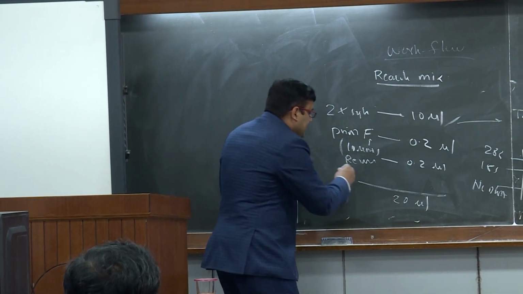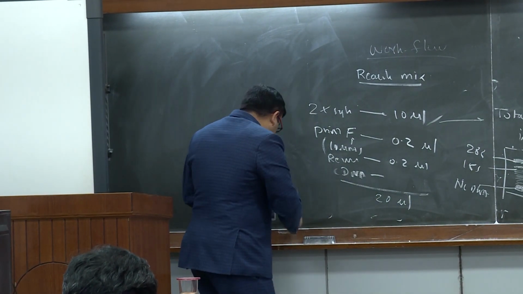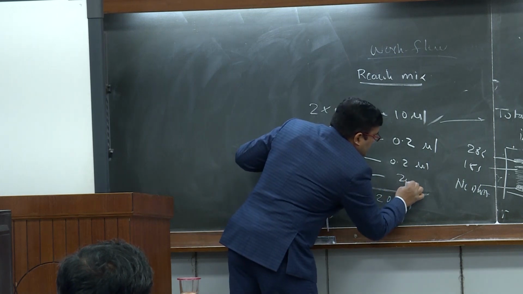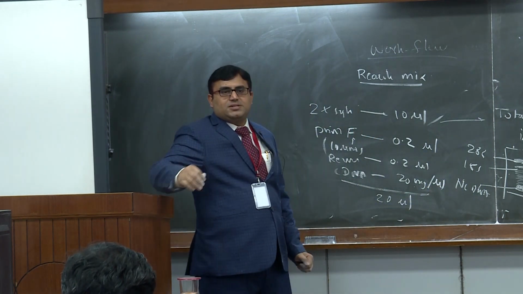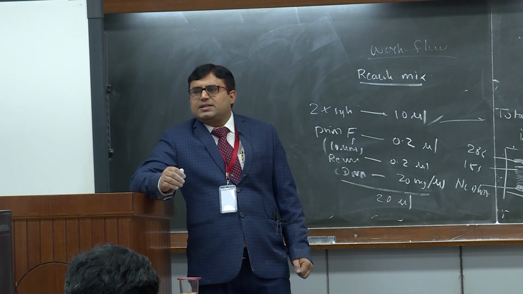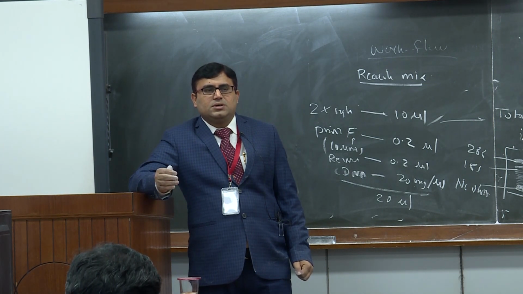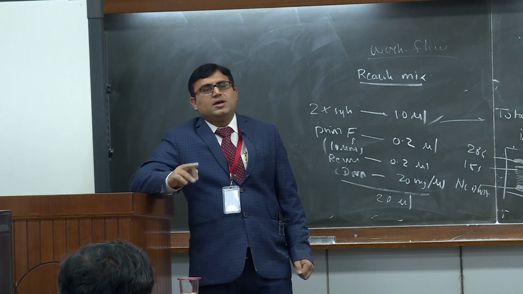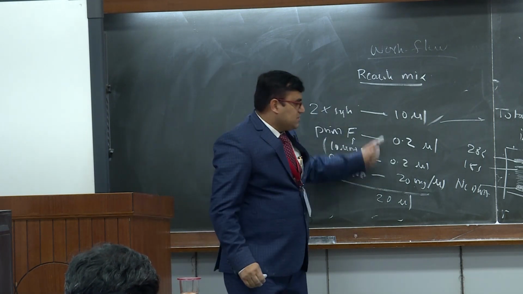Next comes your cDNA, which you have synthesized. It's recommended that one should take 20 nanogram per microliter cDNA per reaction. But then we have standardized that anything between 20 to 100 nanogram you can take, you will get a good result. 20 to 100 nanogram per microliter. This is per reaction I am telling you.